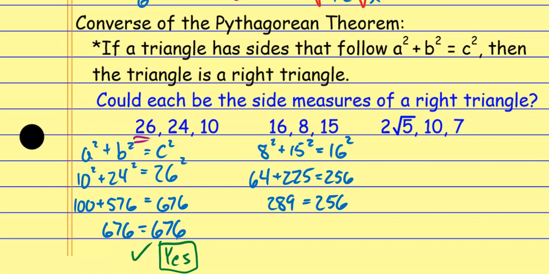And so when I look at this, they're not equal to one another, so no, this couldn't be a right triangle. Okay? And when you think about it, the idea is, if I have a right angle, that hypotenuse will be identical to the value that I get when I square the legs and add them together, okay?